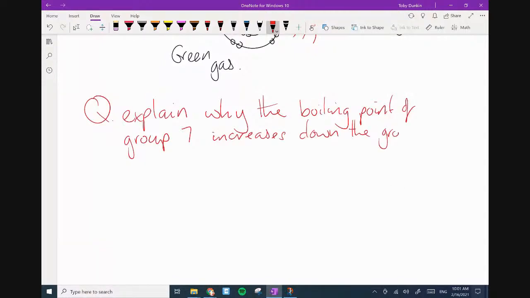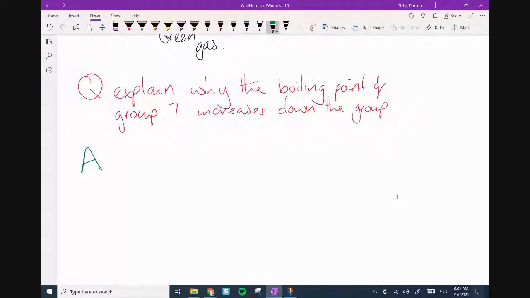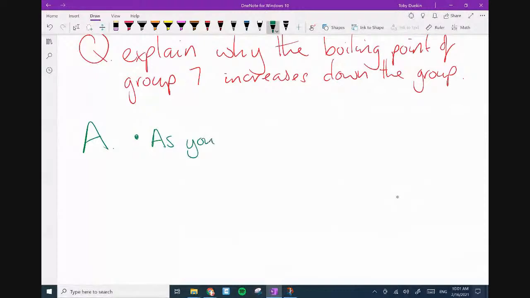Okay, so answer in green. Answer: as you go down, bullet point number 1, as you go down group 7, the molecules get larger.